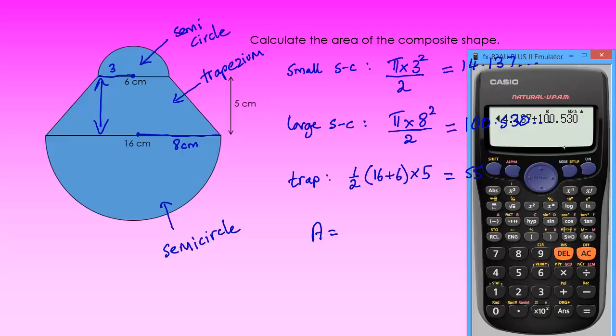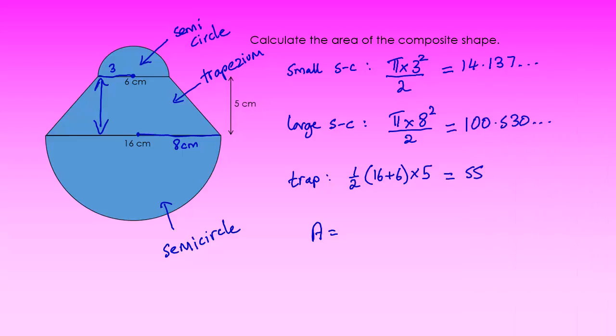Now I know when we saw this number to 3 decimal places it would have rounded to 531. It doesn't matter because I'm going to give a final answer to 1 decimal place, so that won't make any difference to us. And that's 169.7. So 169.7, and it would be in centimeters squared, and I've given that to 1 decimal place.